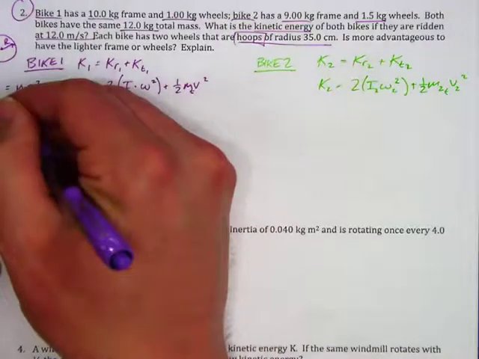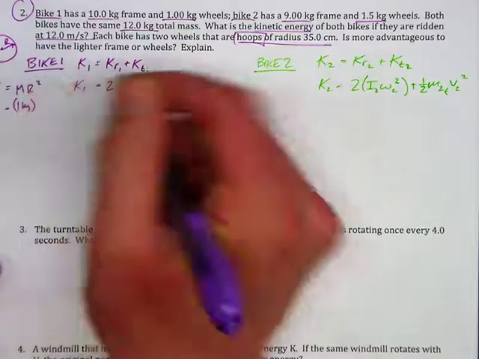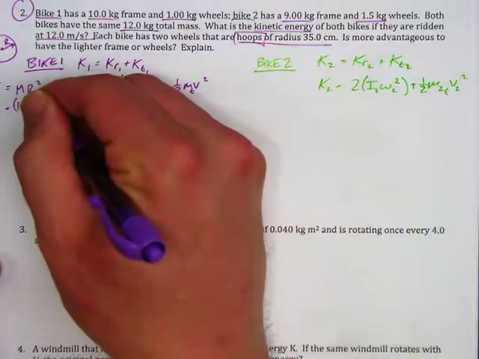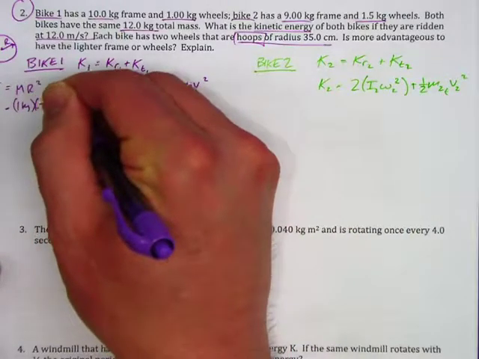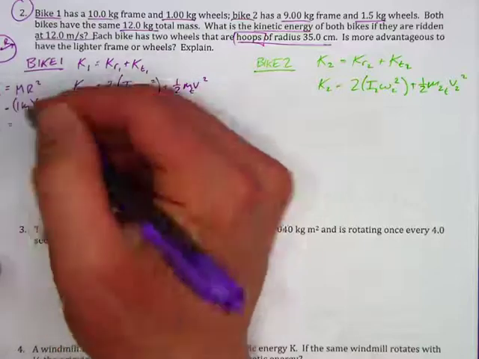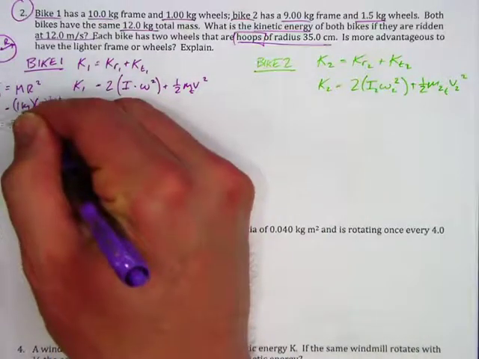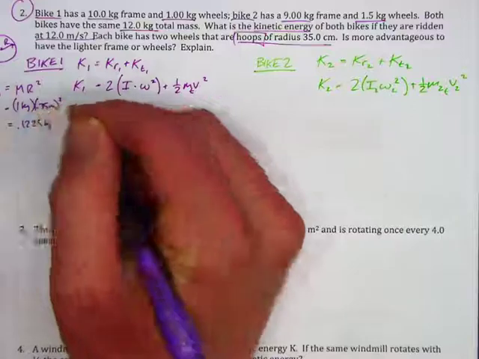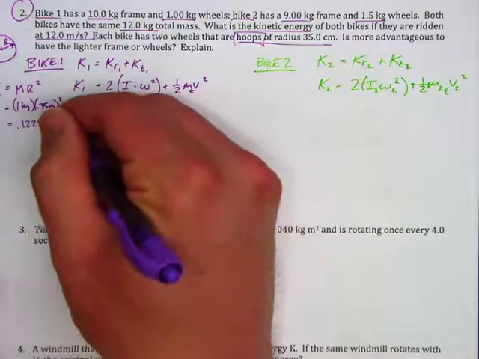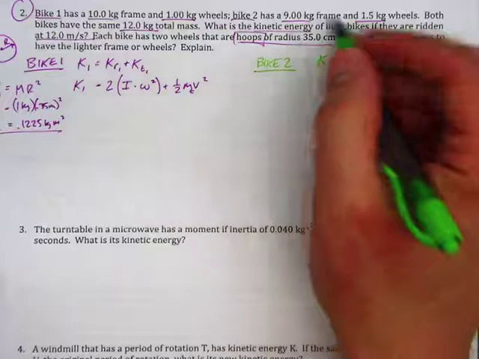The mass of each tire is 1 kilogram and the radius is 0.35 meters squared, so the I of bike 1's tire, if we calculate that out, is 0.1225 kilogram meters squared.